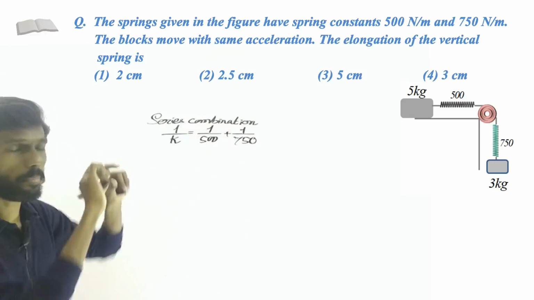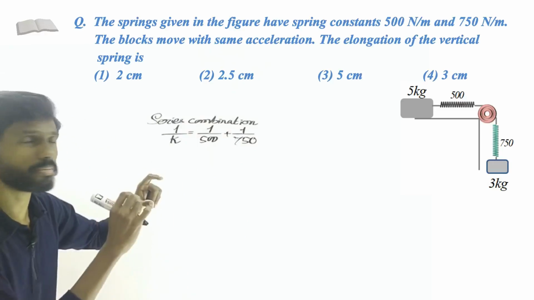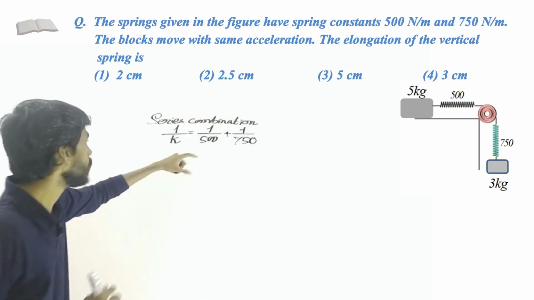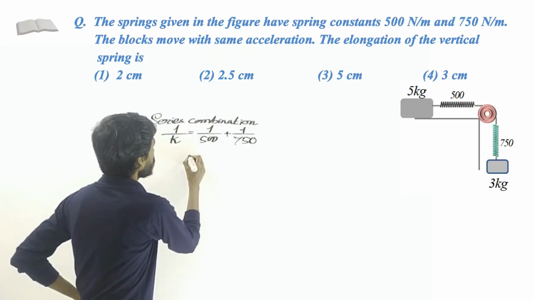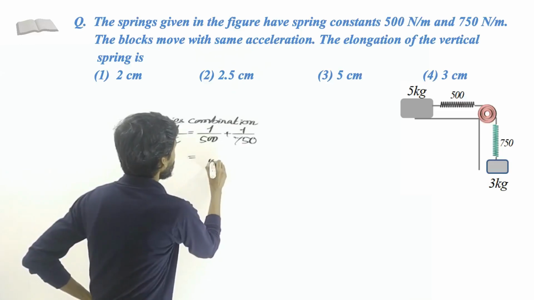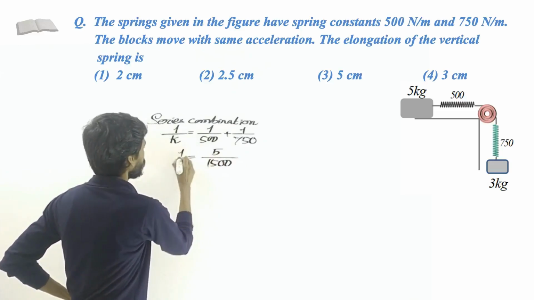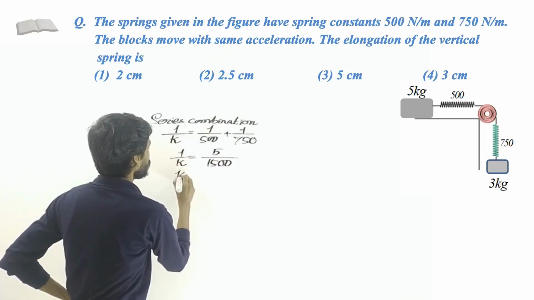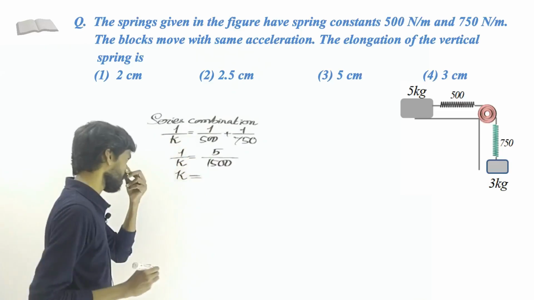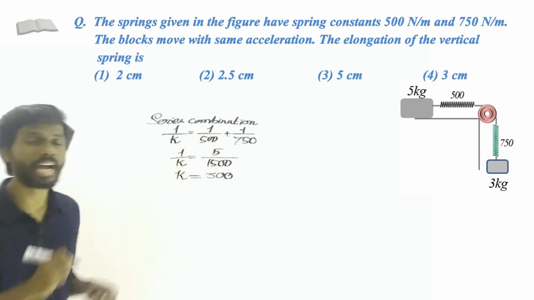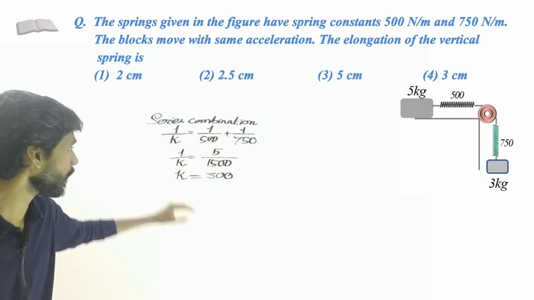Which means if you combine these two springs into one spring, it will have spring constant k. So this equals 3 plus 2 over 1500, that is 1 by k, so that gives k equals 300 Newton per meter, the spring constant.